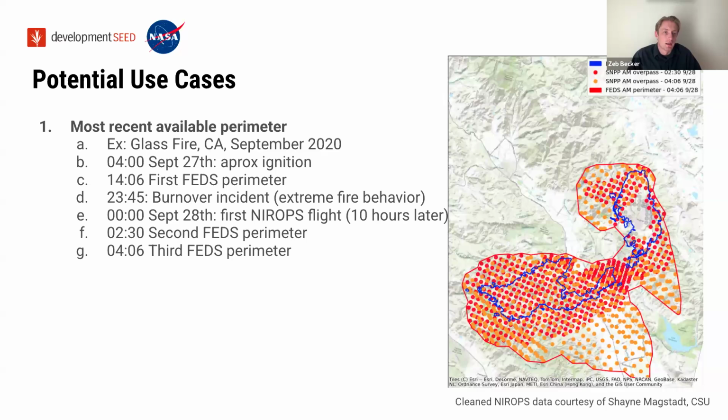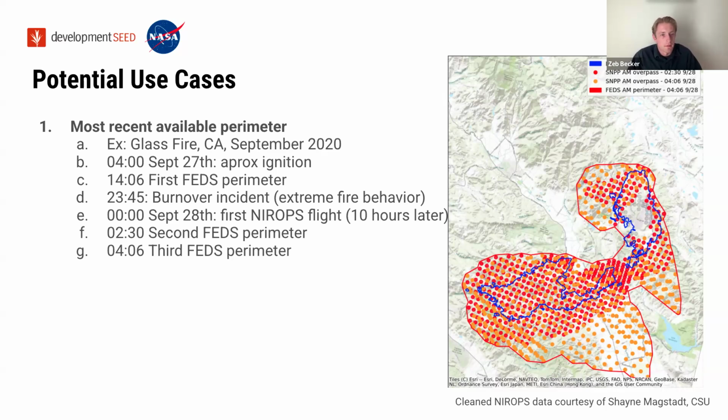So what you're looking at is a second overpass of Suomi NPP at 2:30 a.m. that morning, and already the fire had advanced significantly beyond where it had been just 2.5 hours earlier. And this is consistent with the Cal Fire incident report.